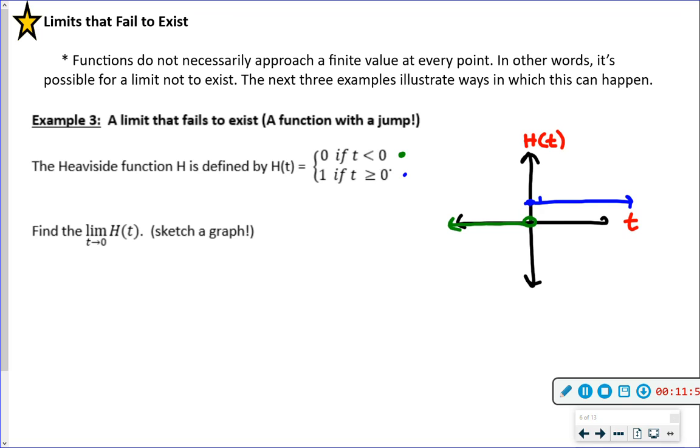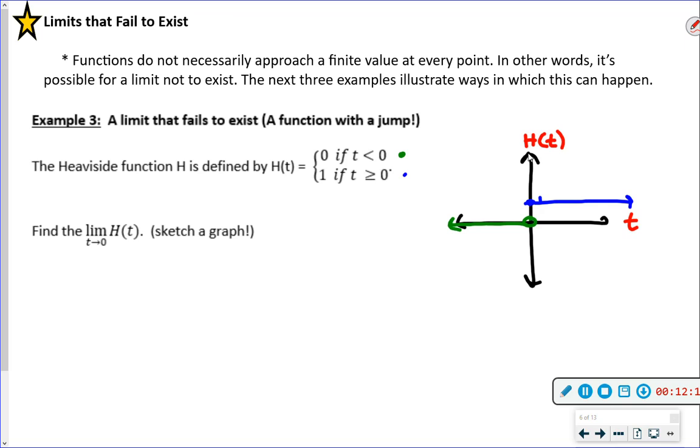So here's the thing. It says find the limit, in this part, when it approaches 0. If I approach 0 from the left side, so I'm looking at the green, I would say the limit would be 0. If I approach from the right side, though, I'm going to say the limit is 1.